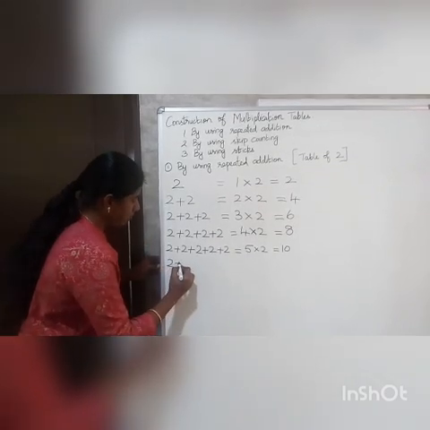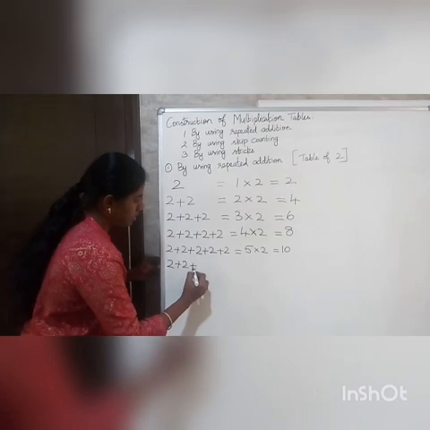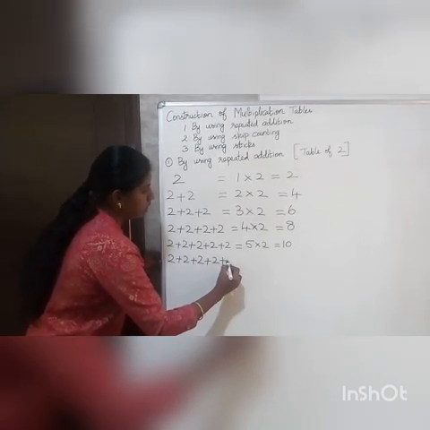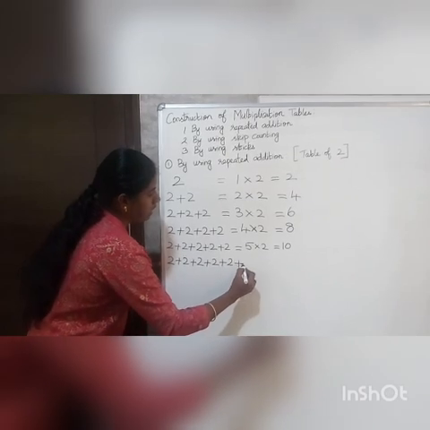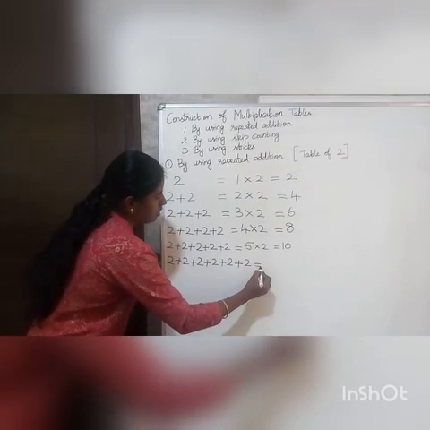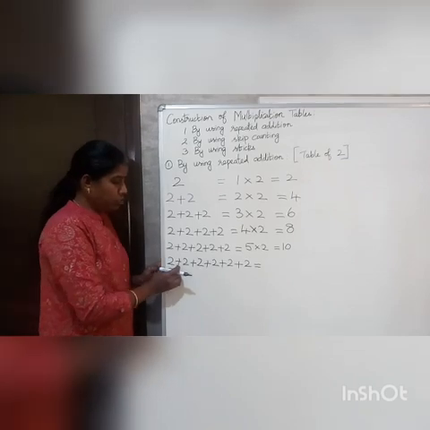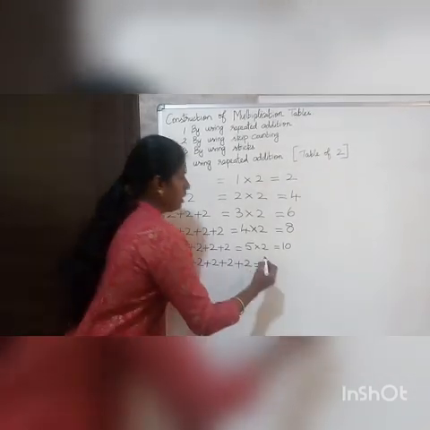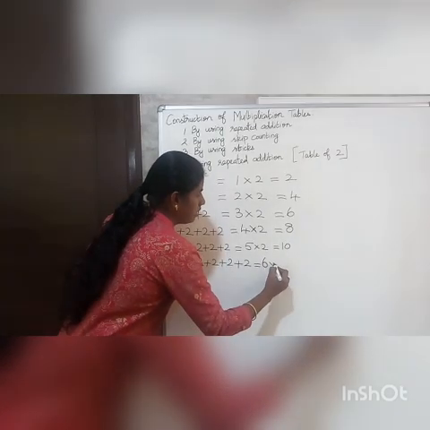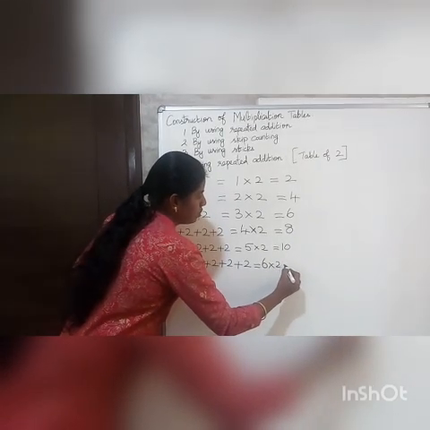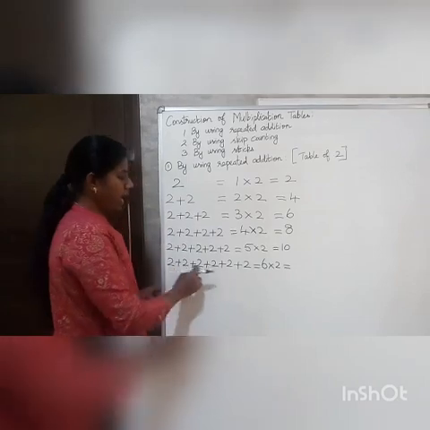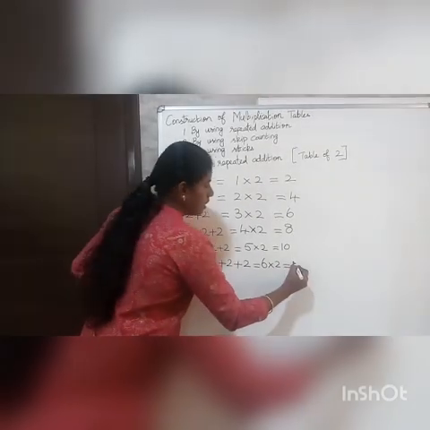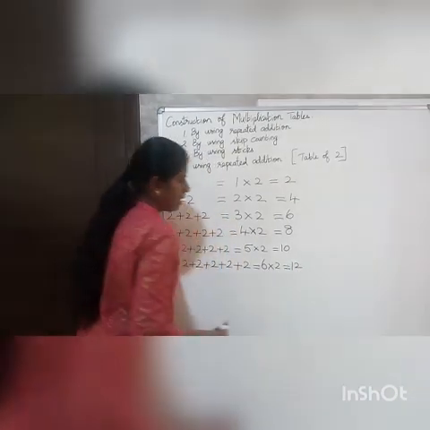So 1 time, 2 times, 3 times, 4 times, 5 times, and 6 times. So we are adding 2 for 6 times, which means 6 times 2, 6 into 2. When we add all these 2's, we will get 12 as the product.